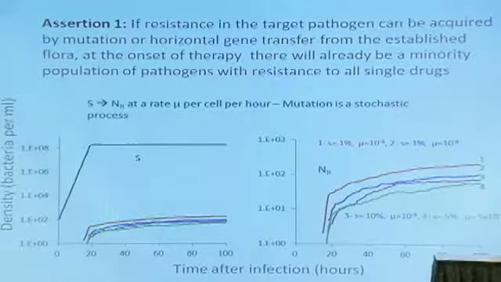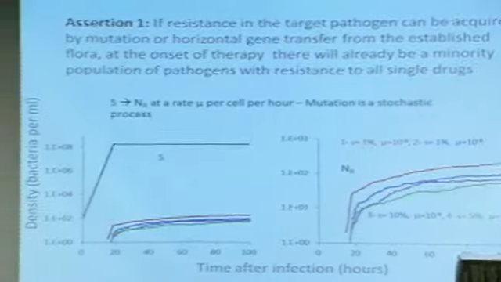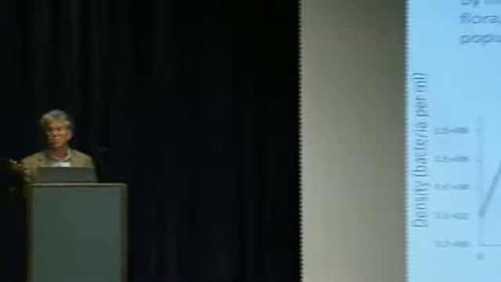So the argument being that if indeed we have somebody infected with an organism for which we can get resistance by a single mutation or by the acquisition of a plasmid that is accessible, then we could almost count on there being resistance at the start of treatment. So whatever treatment protocol we're designing has to deal with some minority population of resistance.